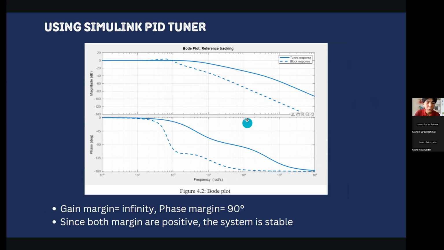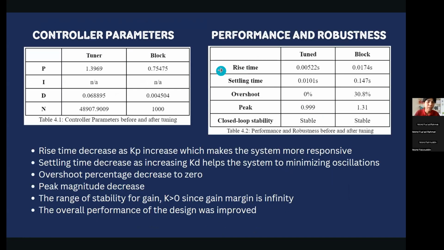The gain margin is infinity and the phase margin is 90 degrees. Since both margins are positive, the system is stable. By comparing the controller parameters and the performance before and after tuning, the proportional parameter increased.